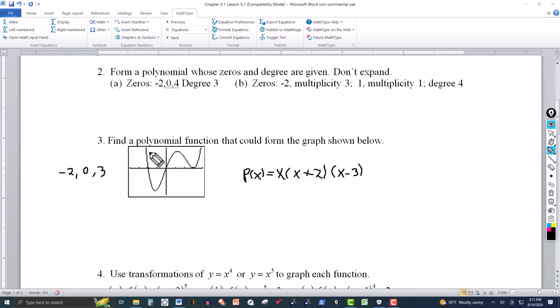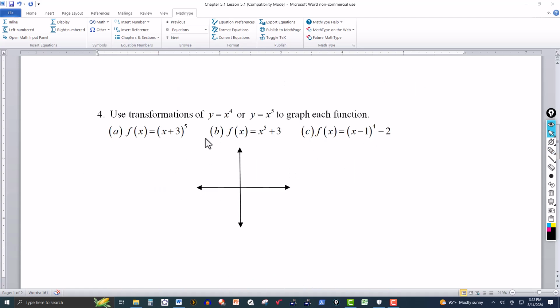It's not going to match with this one. So the thing you have to remember here is that if the graph doesn't cross at a certain point, so notice here at negative 2, 0, it crosses. At 0, it crosses. The powers on those are odd, 1, 1. So this one here, when it touches and doesn't cross, the degree has to be even. So instead of a 1 here, I would have to have a 2. Now it concurs with the information we just went over.